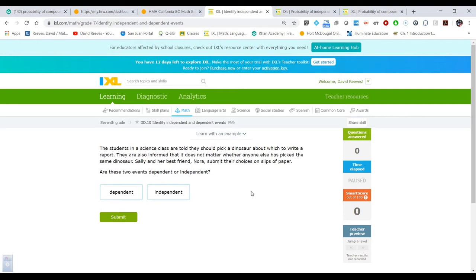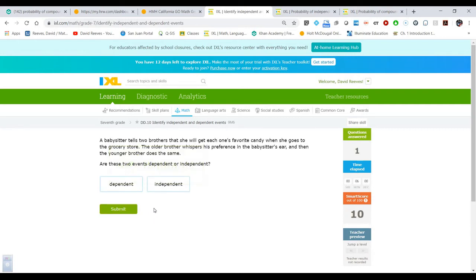Sally and her friend Nora submit their choices. Are they dependent or independent? Well, the key words here is it says it does not matter whether anyone else has picked the same dinosaur. So that means since their choices don't affect other people's choices, we're going to say these are independent events.